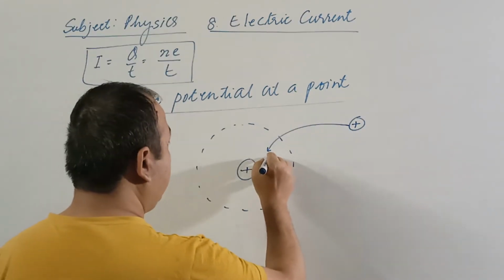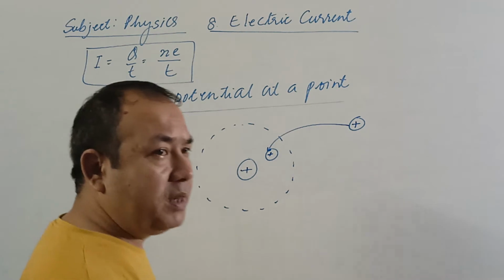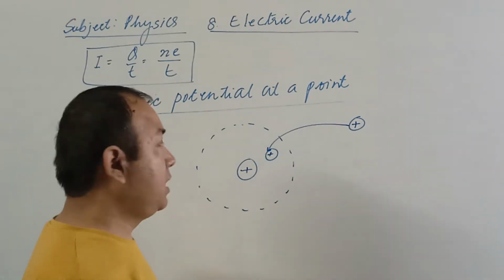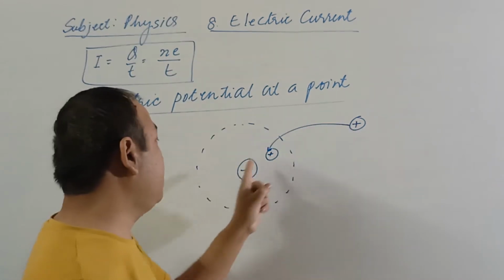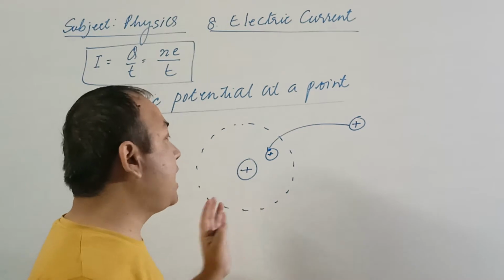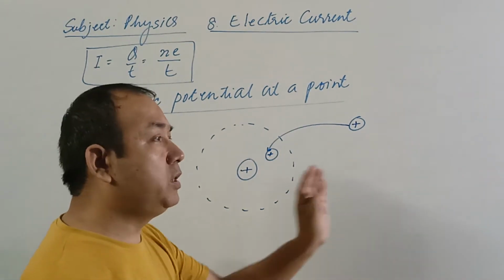As we know that like charges repel each other, as soon as this positive charge comes into the electric field produced by this positive charge, it starts repelling, it starts pushing.